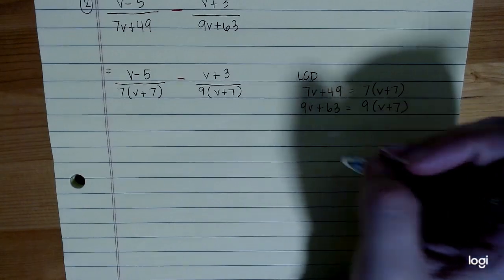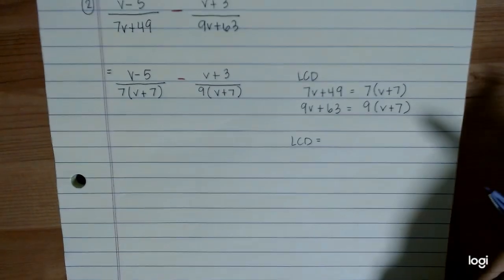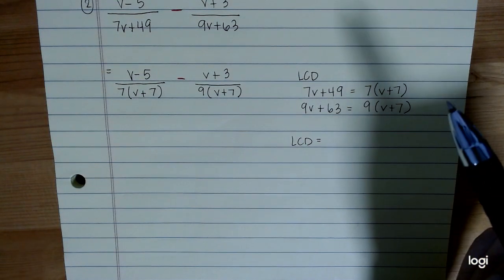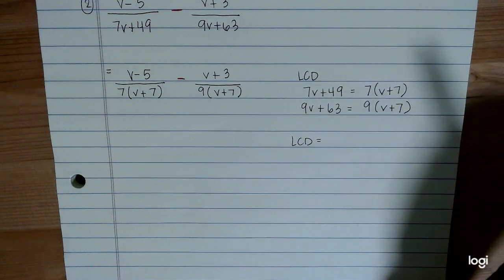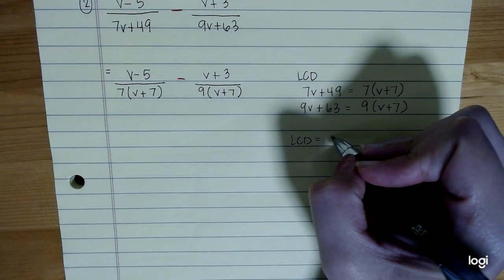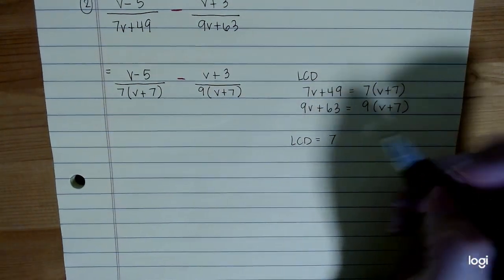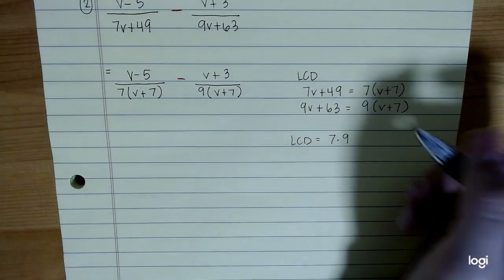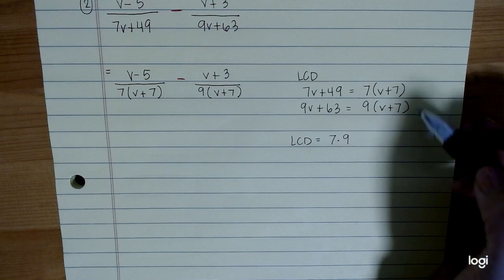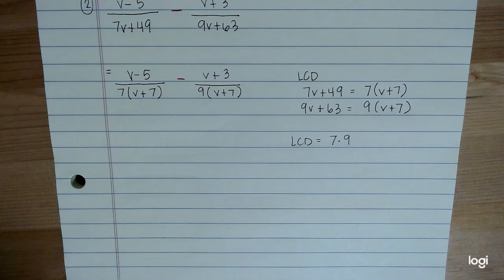Okay. So the LCD here, remember, we note what factors show up in either of those factored forms. So I see a factor of 7, so it gets included. I see a factor of 9, so it's also going to get included. Now they both have the v plus 7 factor, so I'm only going to write it one time because we don't want to do any repeats.